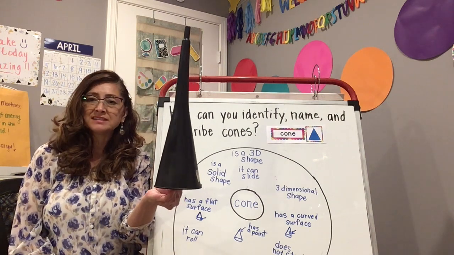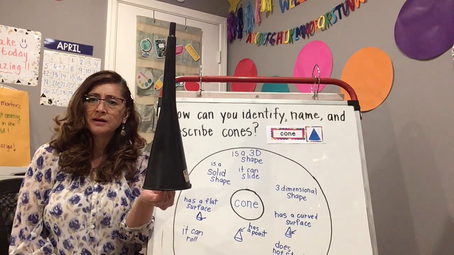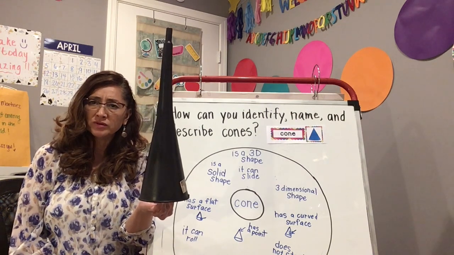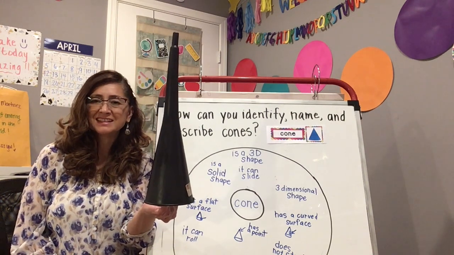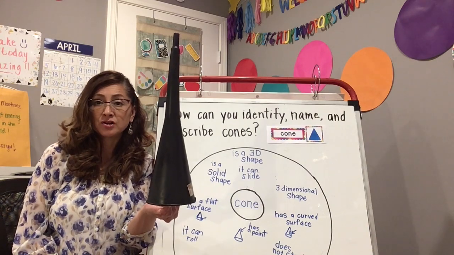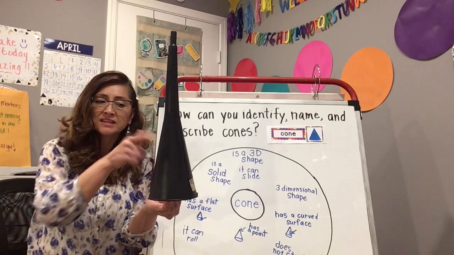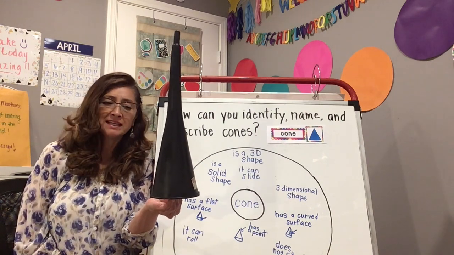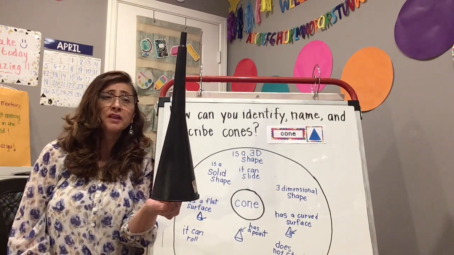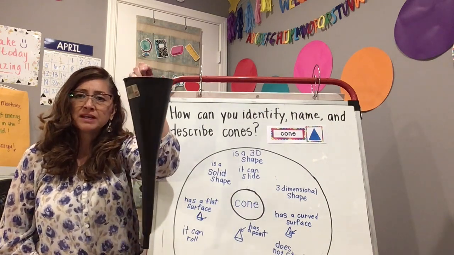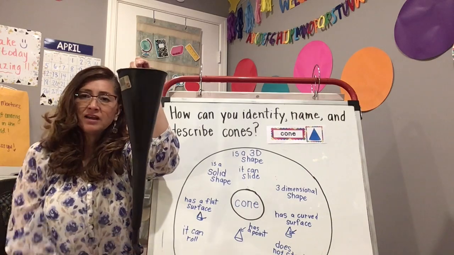Is this object shaped like a cone? What do you think? Yes, that's right. It is shaped like a cone. Let me tell you the name of this object. This object is a funnel. You use it when you want to put something liquid inside a little tiny hole.